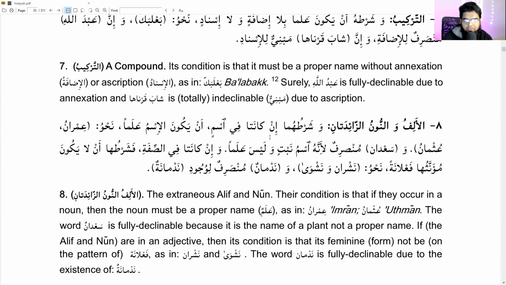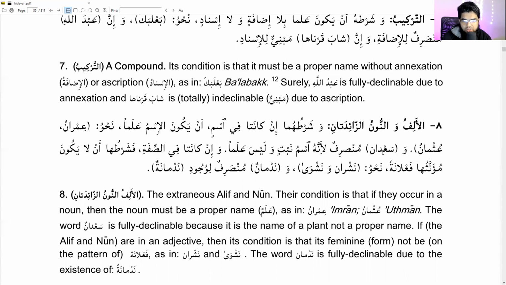وإن كانت في الصفة, if they are in a صفة, فشرطها لا يكون مؤنثها فعلانة. So alif noon, anu, can come in a name, right? In a name, but that should be actually a name, not like a plant name which then became a person's name.